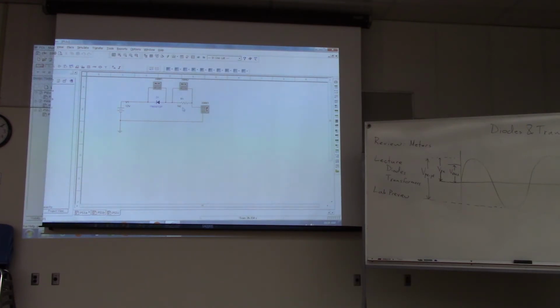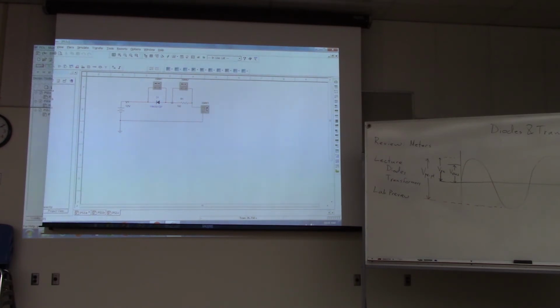Another way to think about that is that there's no current flowing through the resistor, right? So voltage is current times resistance. If you have zero current, you have zero voltage across this resistor. So both sides of the resistor are at the same voltage. The right-hand side is connected to ground, so the right-hand side is at 0 volts.